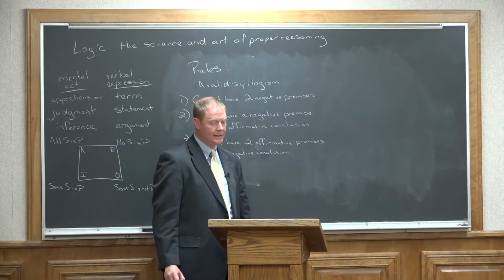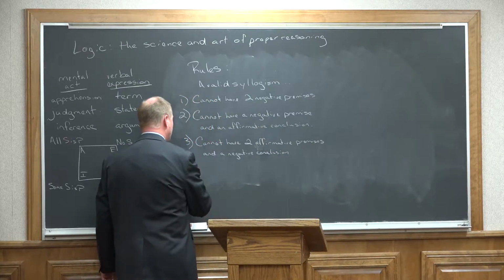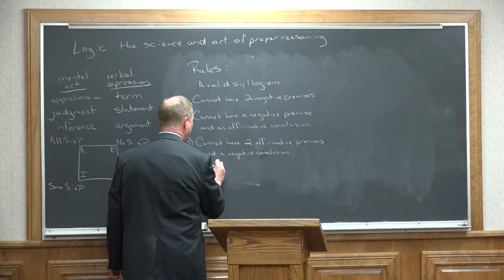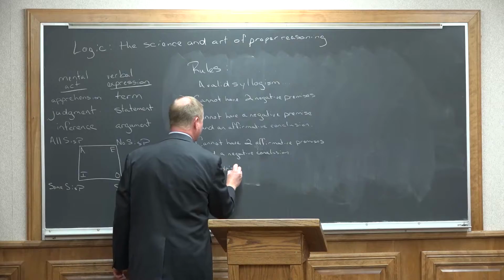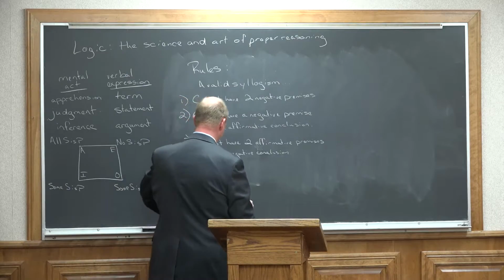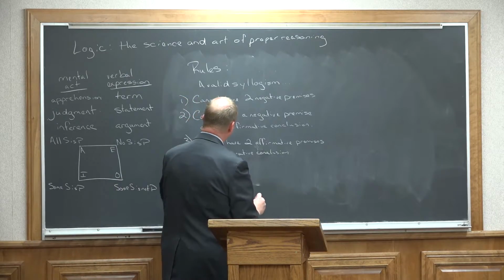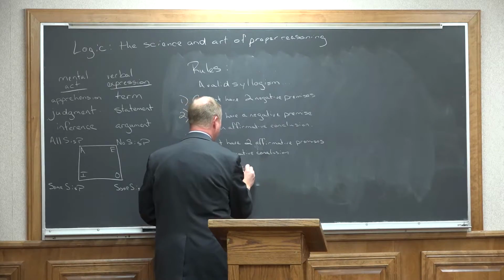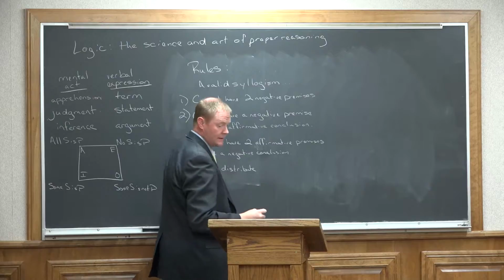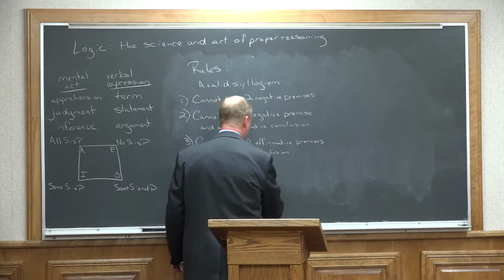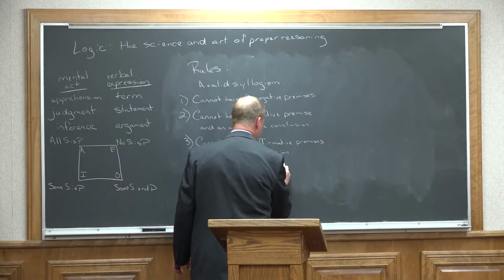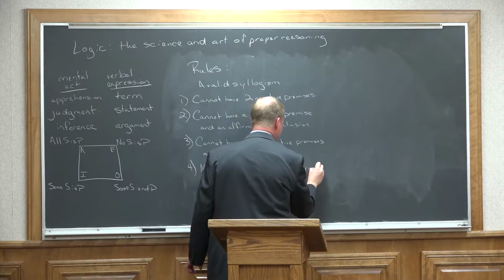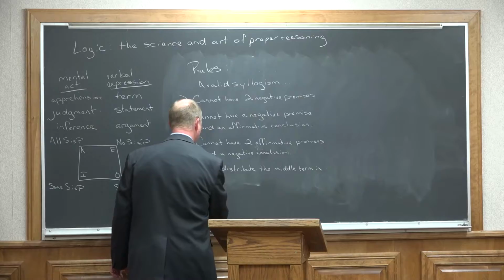Okay, number four, a valid syllogism must distribute the middle term in at least one premise.